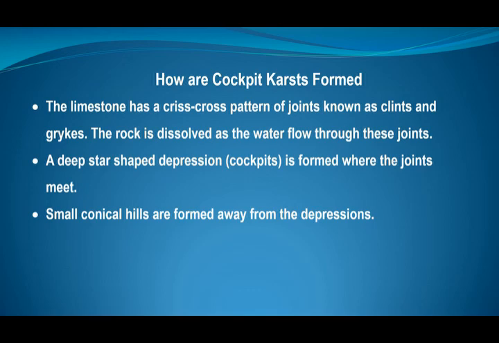Now, as they get wider and deeper, you'll have the formation of clints and grikes. However, as the process continues, they get deeper and even wider, and eventually forming isolated hills known as cockpits or polygonal karsts, and that is how they are actually formed.